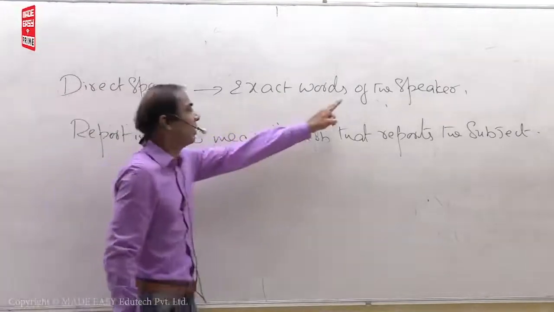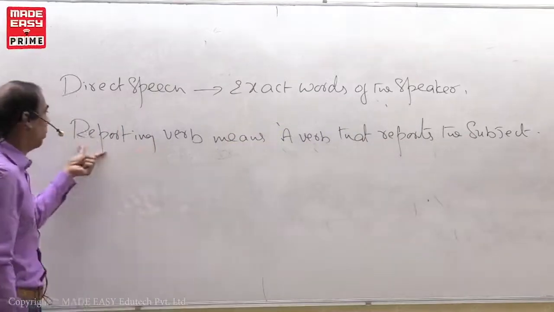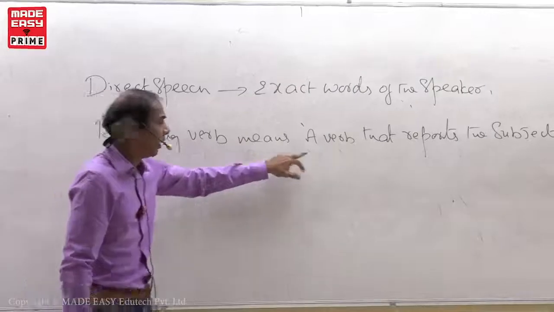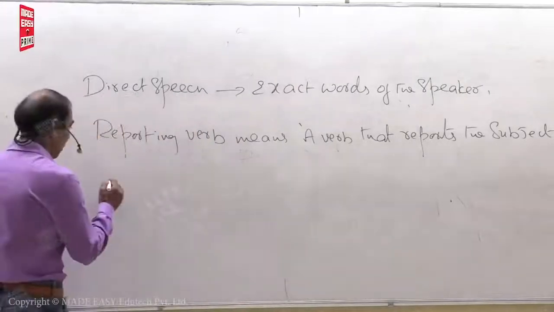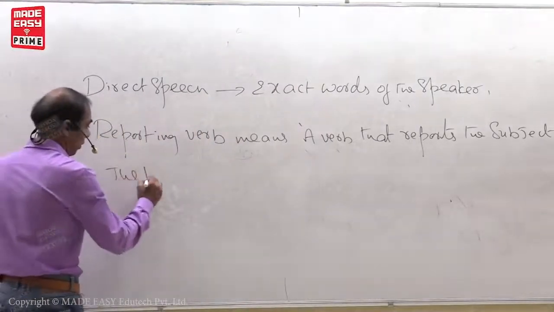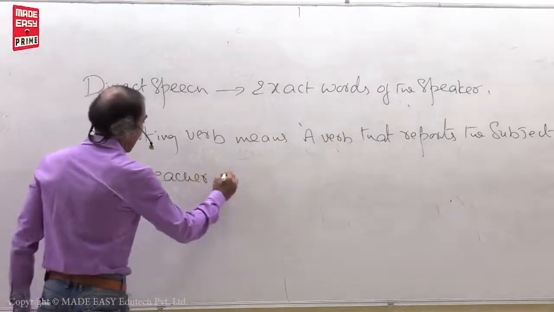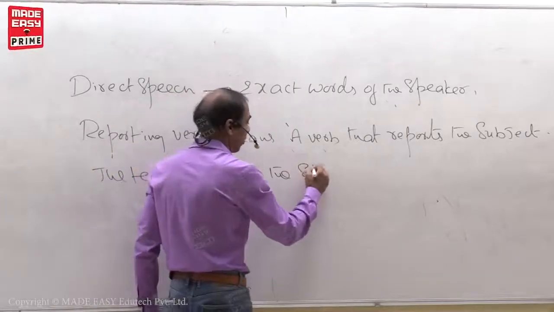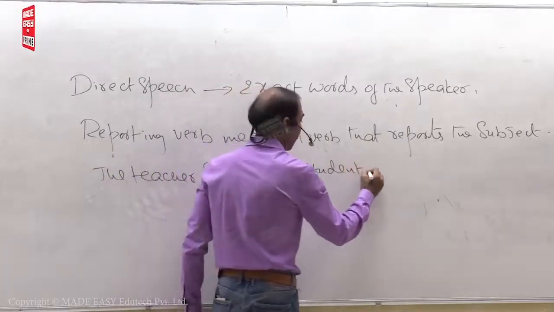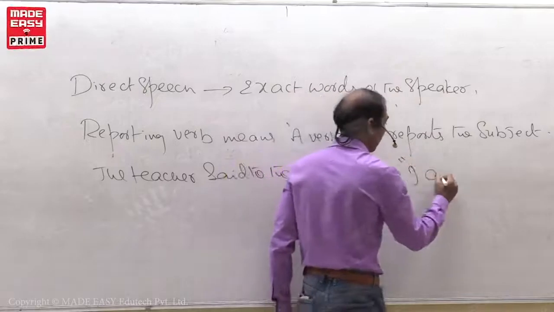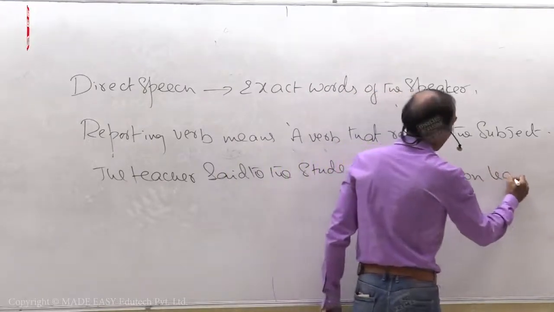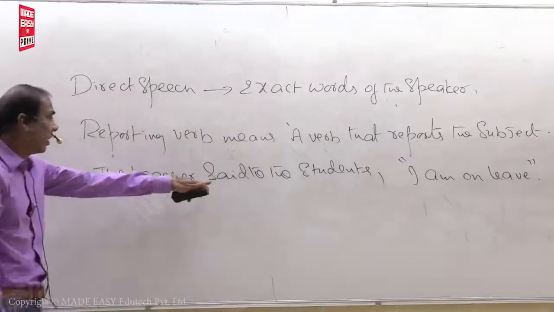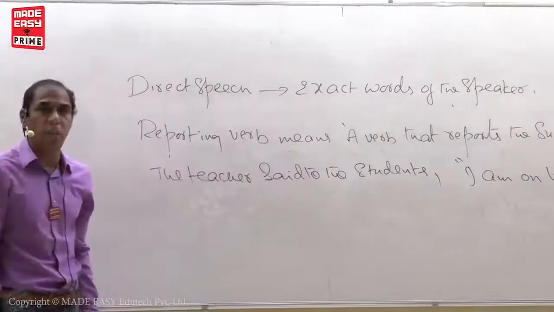So, what is direct speech? The exact words of the speaker. What is a reporting verb? A verb that reports the subject. Observe. The teacher said to the students, I am on leave.